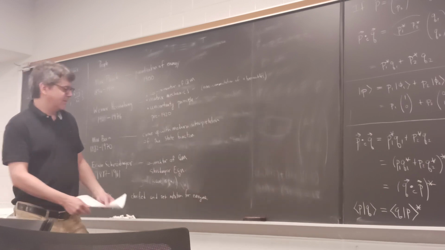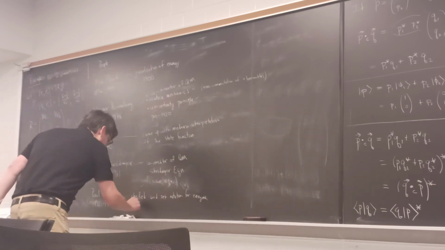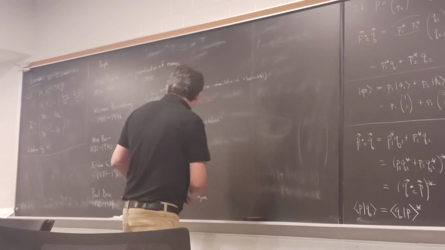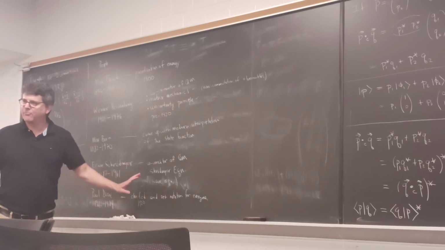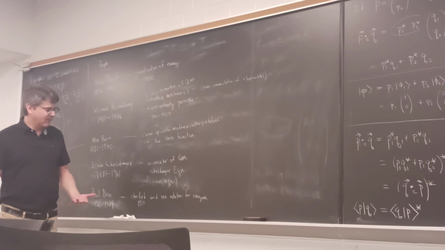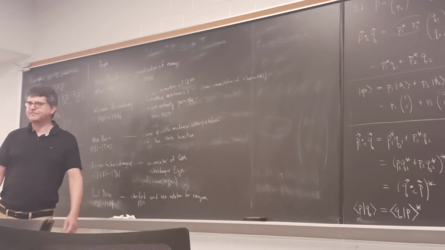Okay, so that's just an overview of everything. And so quantum mechanics was really kind of finished. I mean, non-relativistic quantum mechanics, which is what we're studying in the course, was finished basically by around 1920.